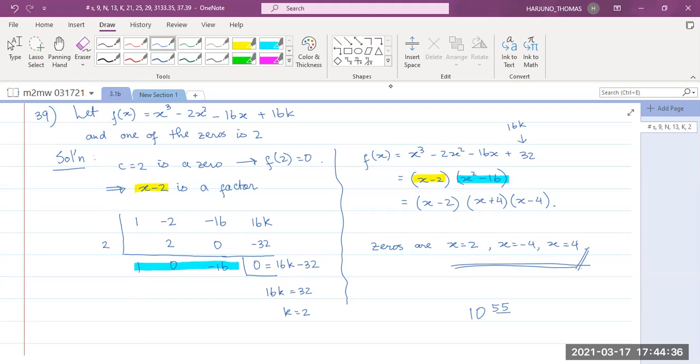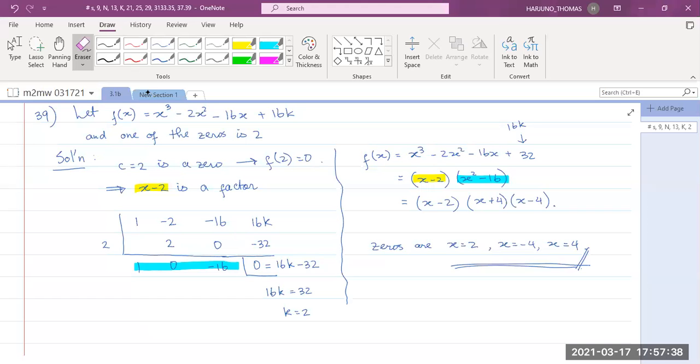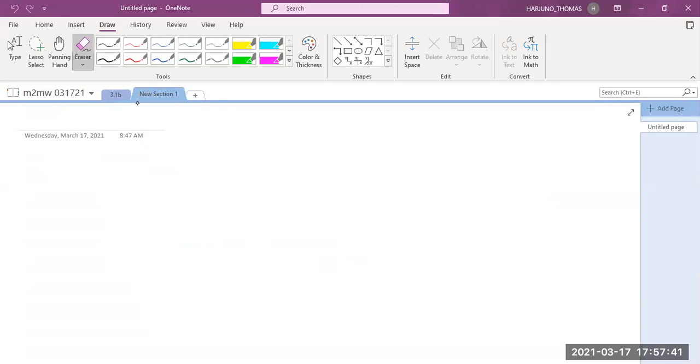Let's take a break first and then we come back at 10:55. So now I will continue with 3.3a. I will do only the parts that we can do so far.